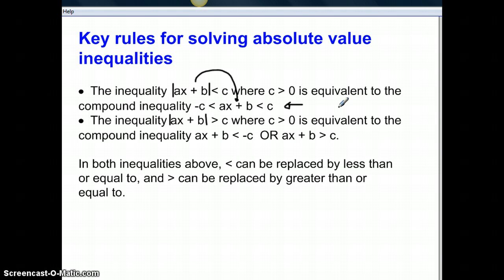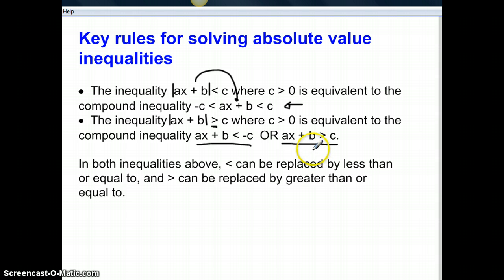It's completely different, though, when you have a greater than sign, because a greater than sign with an inequality creates an or. It creates two different inequalities. So now you have it equivalent to ax plus b is less than negative c, or ax plus b is greater than c.